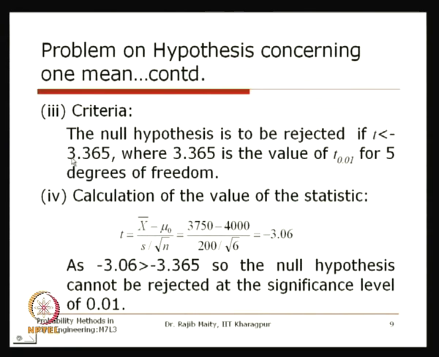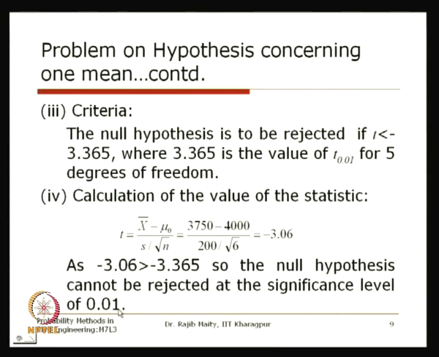Now from the available data, x bar is 3750 and s equals 200, and we get that t is minus 3.06. As this minus 3.06 is greater than minus 3.365, the null hypothesis cannot be rejected at the significance level of 0.01.